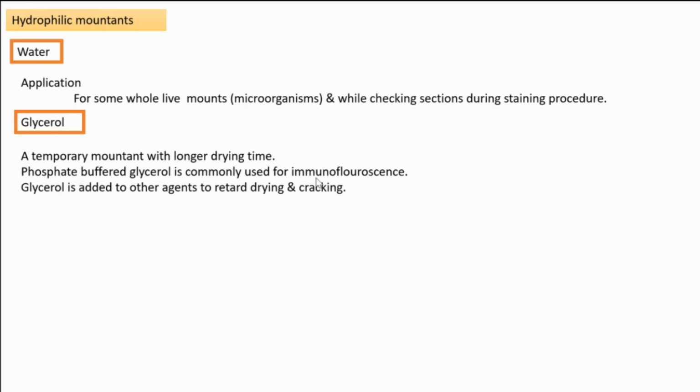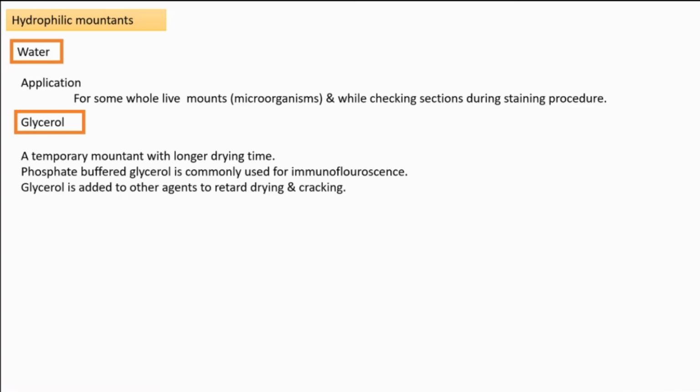In immunofluorescence, a type of glycerol is used called phosphate buffered glycerol. What is immunofluorescence? We have learned that also, I think. Fluorescence means emitting light. Immuno means something relating to the antibody-antigen reaction.